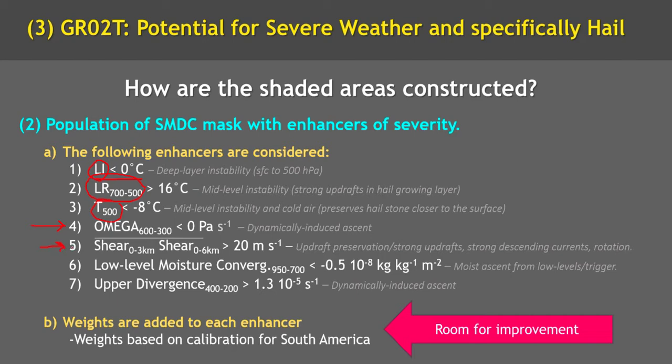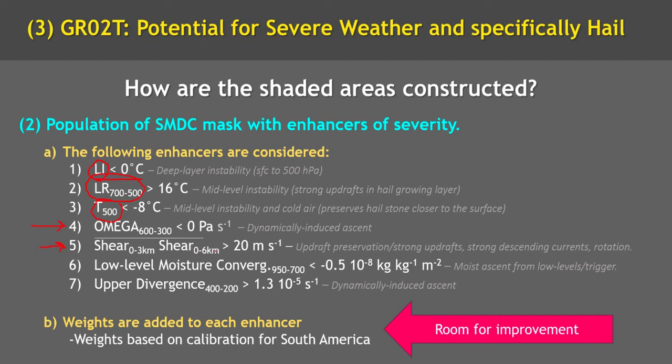And for those into severe weather forecasting, this is a very, very general approach. So what we're doing is averaging the 0 to 3 kilometer shear with a 0 to 6 kilometer shear. So this is a very simple approximation.